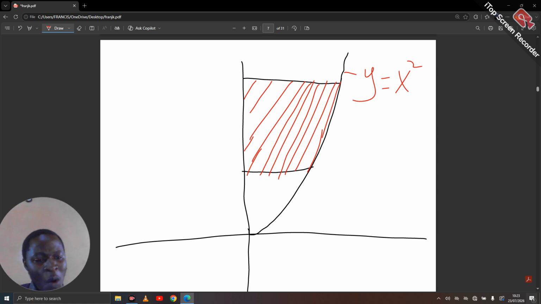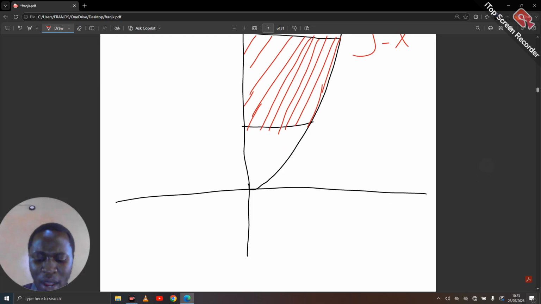So what if the curve now cuts the y-axis? You do the opposite. You make y the subject of the formula, or rather, you make x the subject of the formula.